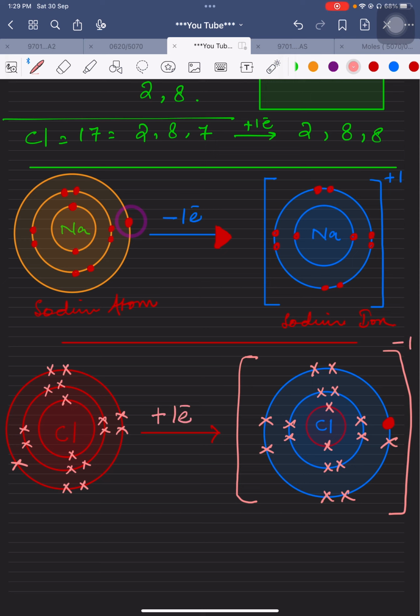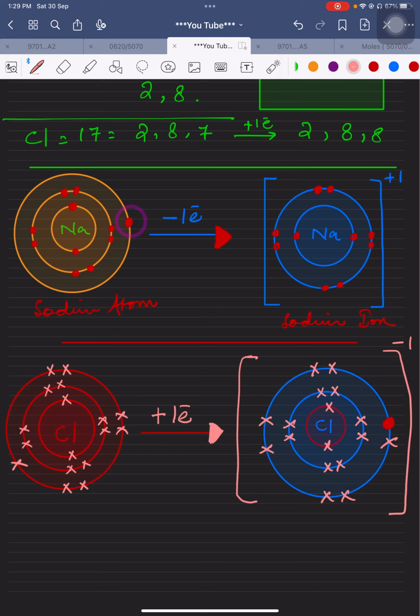Sometimes what I'm observing is that students are writing E over here as well, electron over here, plus one electron, minus one electron, something like that. Please be careful. At the top of the bracket, these are the charges only, whereas the electrons are on these arrows. So please don't forget where I have to draw the electrons, where I have to write the electrons, where I have to write down the charge.